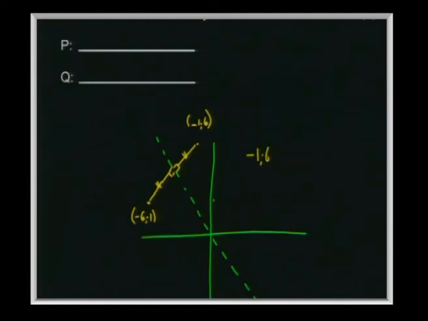Minus 1, 6 translates into minus 6, 1. Goodness me, what's happened? The minus 1, which was x, becomes the y, but it loses its minus. And the 6 that was the y gains a minus, it becomes the x.